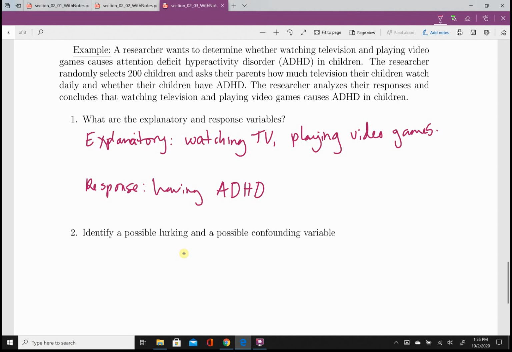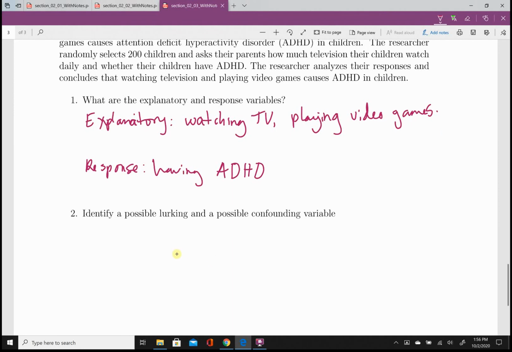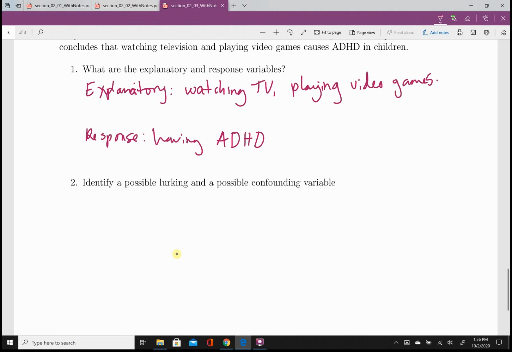Now, I don't know if you guys know much about ADHD. I don't know very much either, but I heard an offhand report on NPR a couple of years ago that described parents having ADHD, and their children will often have, what's the phrase I'm looking for, a genetic predisposition to it.